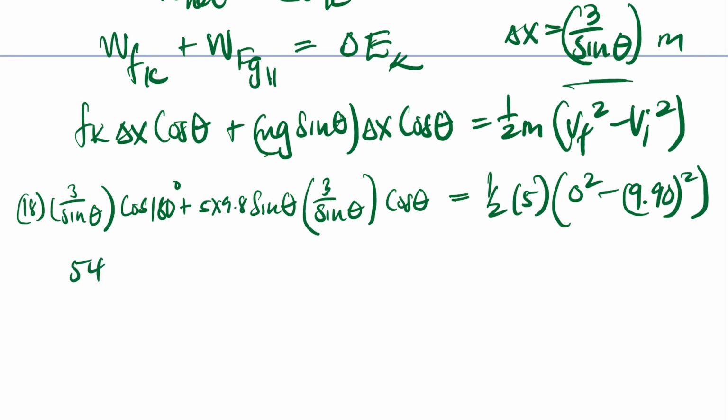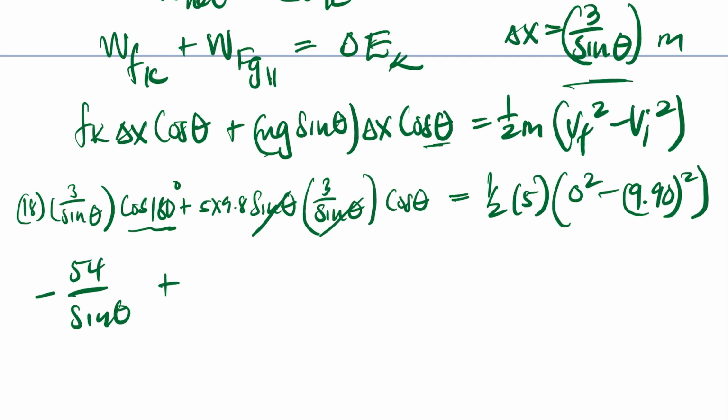So we're going to have 54 over sine theta, and it's going to be negative with this negative 1. Hope you get that math. So this and this will cancel. So we'll have 5 times 9.8, it's going to be 49.